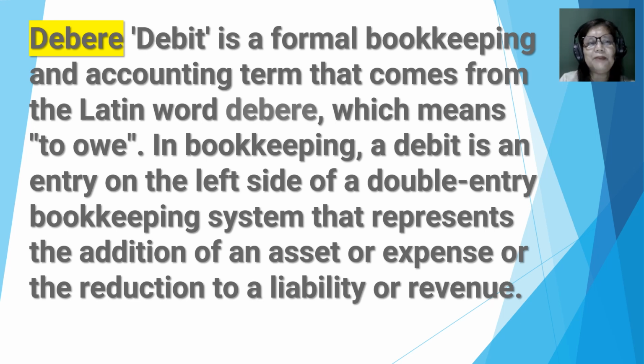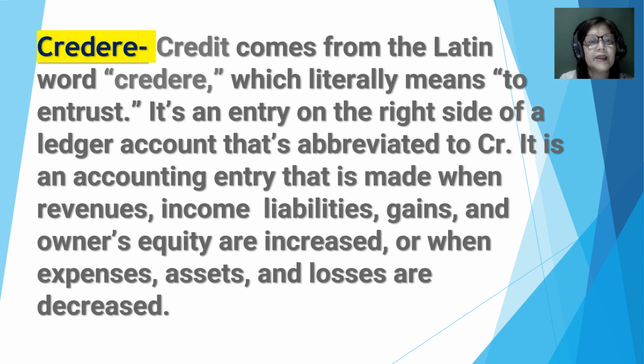So, debit is derived from the Latin word debere, while credit comes from the Latin word credere, which literally means to entrust. It's an entry on the right side of a ledger account that's abbreviated to CR.